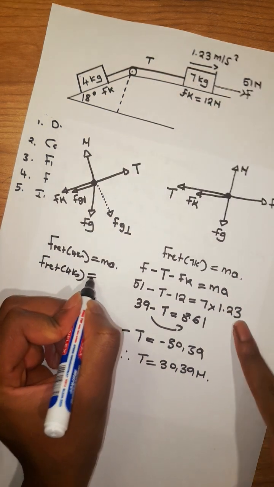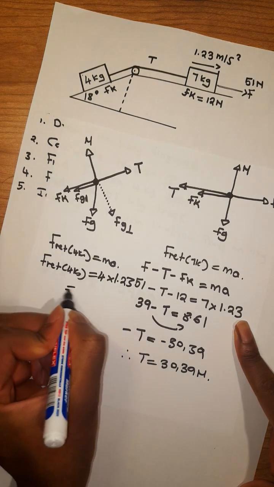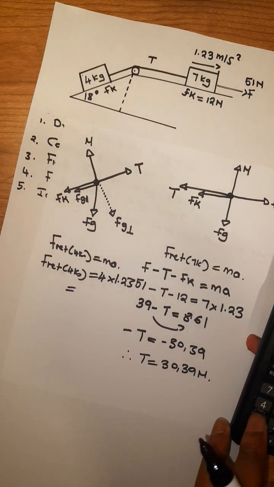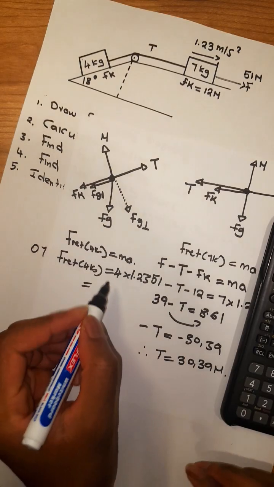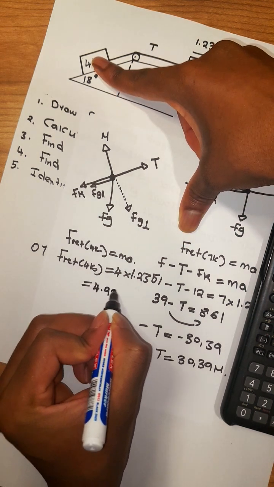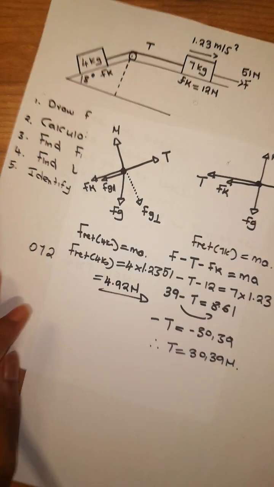So it's going to be the mass of the 4 kg block multiplied by 1.23. You realize they are sharing the acceleration because they are on a system, right? So the F net of the 4 kg block is none other than 4 multiplied by 1.23, which is 4.92 newtons.